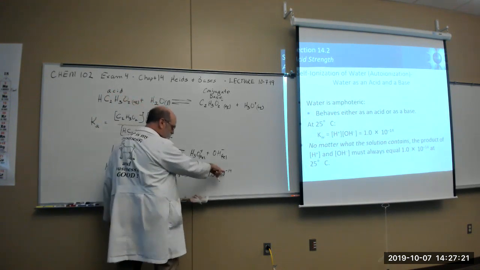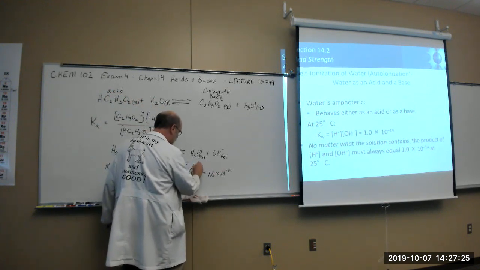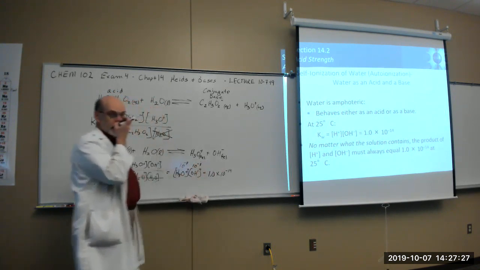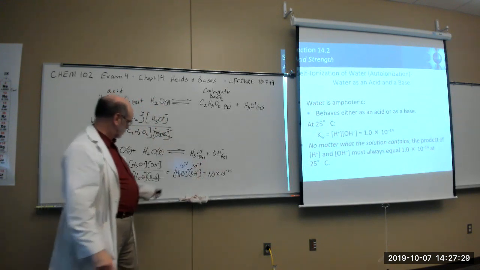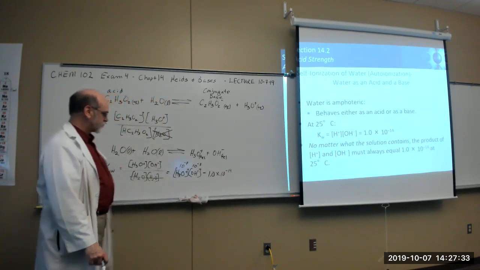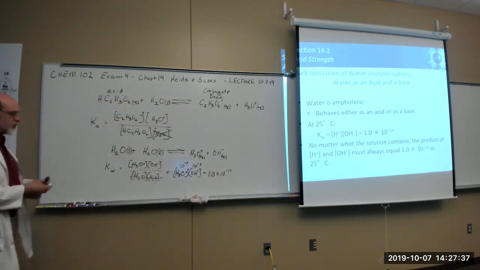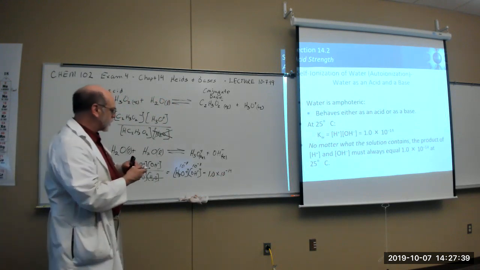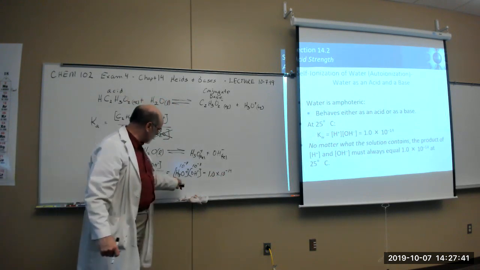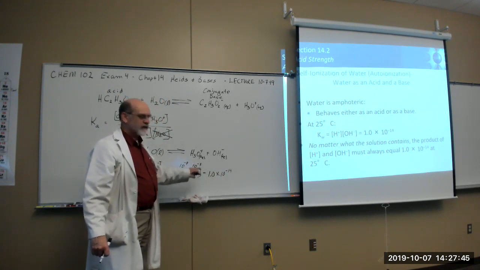So in order to produce that value, this one has to be 10 to the minus 7, and this one has to be 10 to the minus 7, because that one times that one yields this one. So, pure water at 25 degrees will have a concentration of hydronium ions at 10 to the minus 7th molar and hydroxyls at 10 to the minus 7th molar.